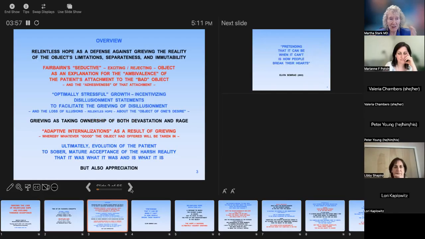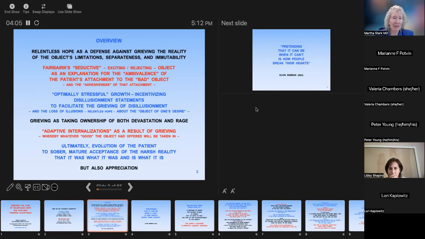Okay, so this is the overview. Relentless hope as a defense against grieving the reality of the object's limitations, separateness, and immutability. Fairbairn's seductive, in other words, exciting, rejecting object as an explanation for the ambivalence of the patient's attachment to the bad object and the adhesiveness of that attachment.